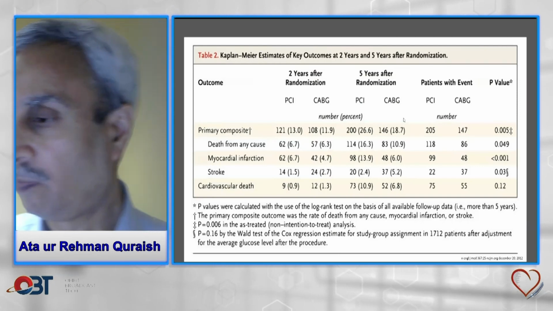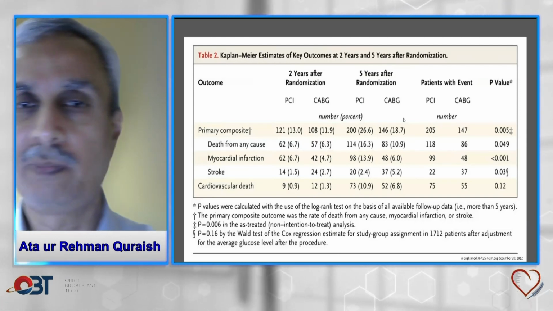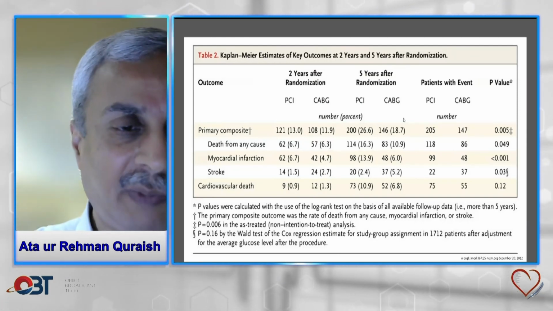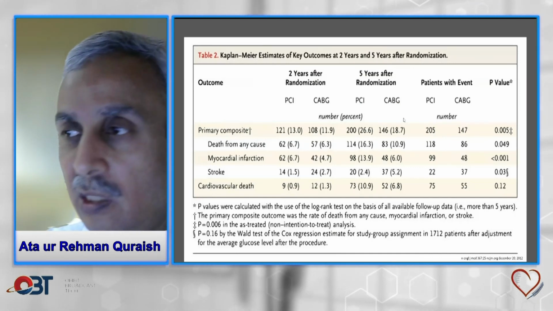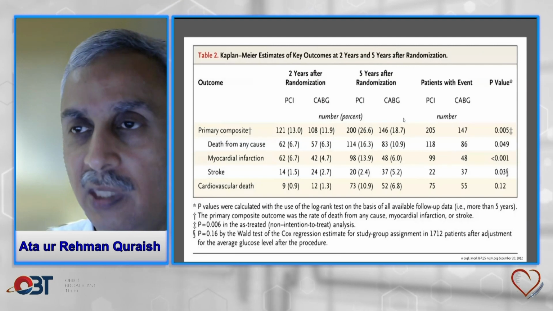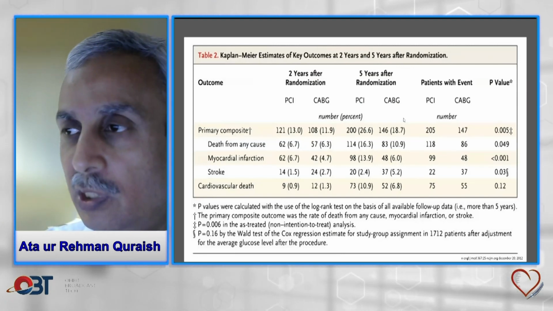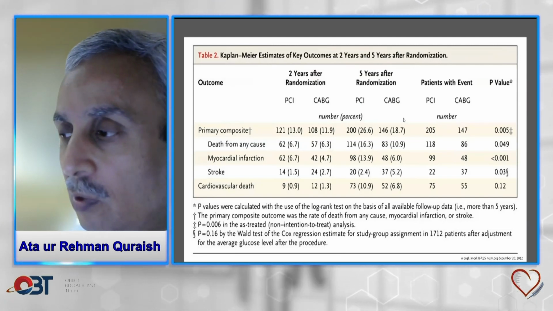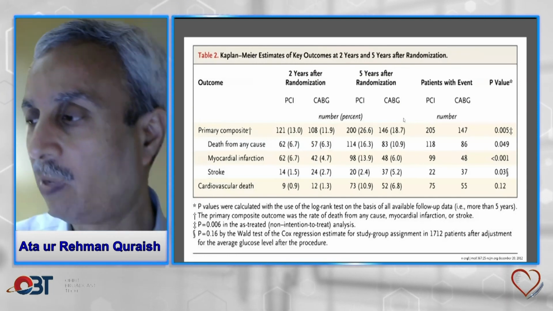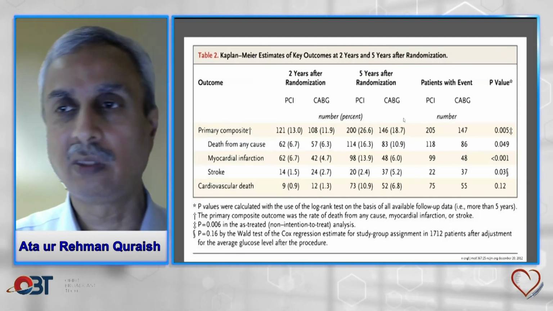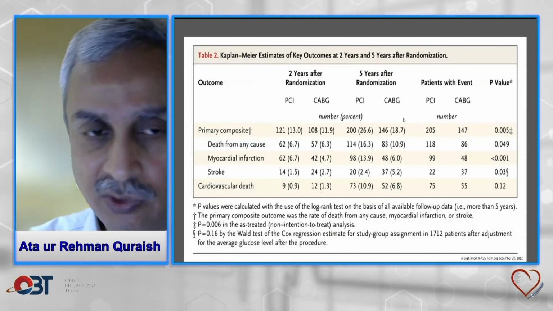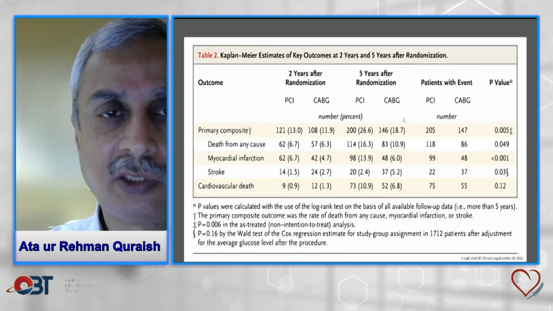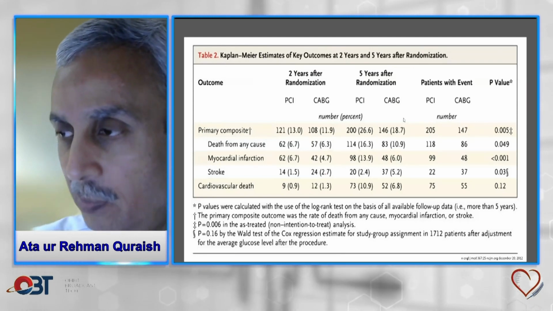I think the SYNTAX score was not reported in this one, but these patients probably had a high SYNTAX score as well. So again, patient characteristics and patient anatomy should come into consideration, but the study tells us that when we're performing PCI or bypass surgery in patients with complex and multivessel coronary artery disease, bypass surgery provides better outcome compared to PCI.